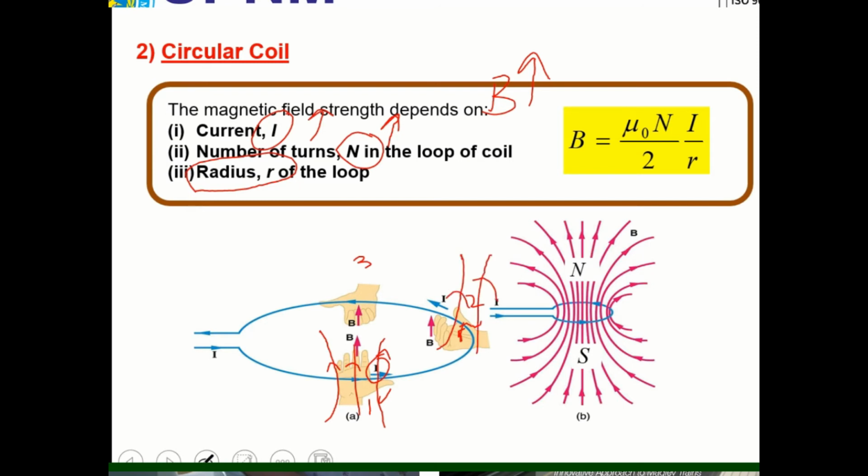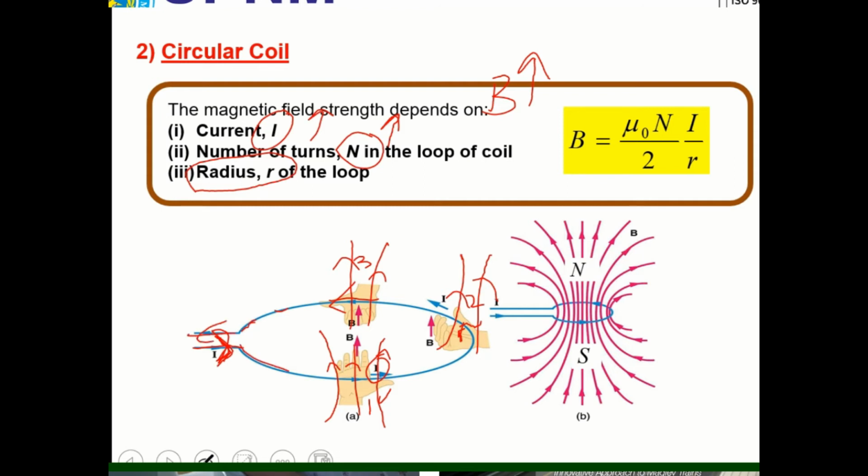Alright. So, sama juga at the third position, you imagine, you use your own hand to do this, to find the direction of magnetic field. So, magnetic field ni dia akan pergi ke atas. So, kita boleh conclude untuk circular coil ni, the current flowing from this direction, then dia keluar balik kat sini.